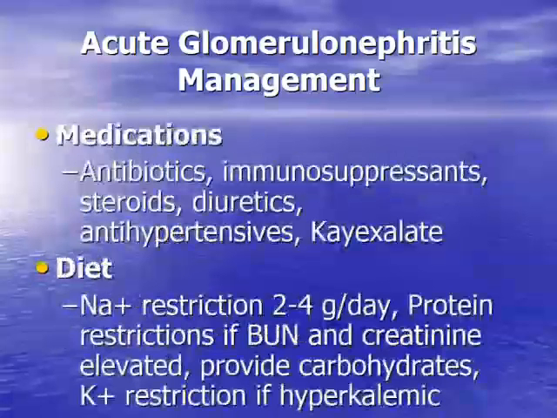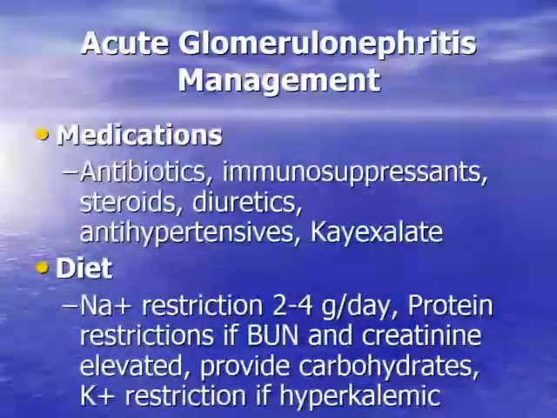Medications typically used are antibiotics, immunosuppressants, such as Imuran and Cytoxan, steroids, and usually about 1 milligram per kilogram per day is used as far as a steroid dose, diuretics, antihypertensives, and Kayexalate enema may need to be used to decrease the elevated potassium levels that the patient may have.